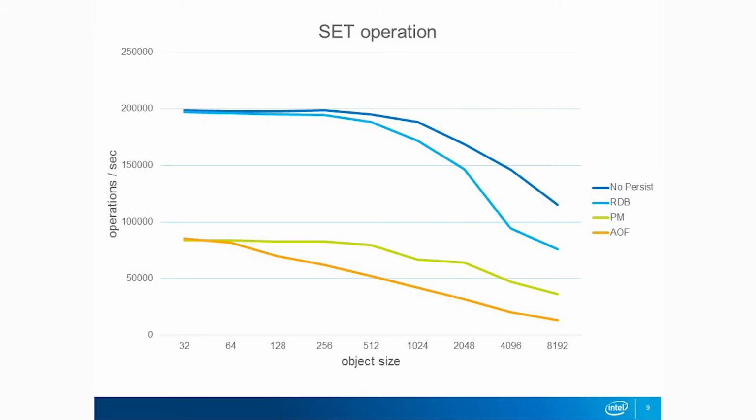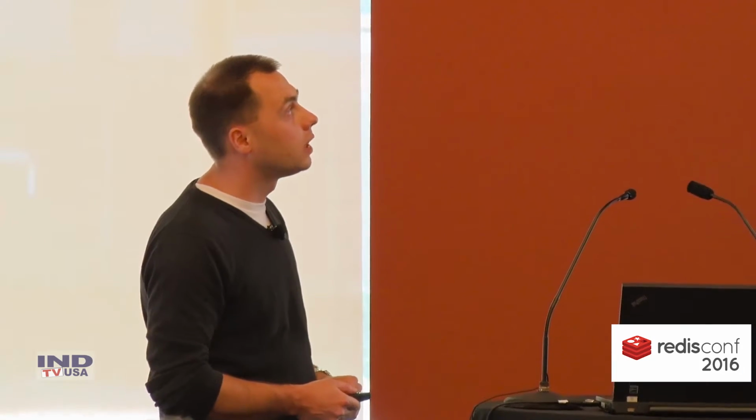So here we can see some results. The results are the number of operations per second, and we tested different object sizes. Here we inserted 500,000 objects to the database.